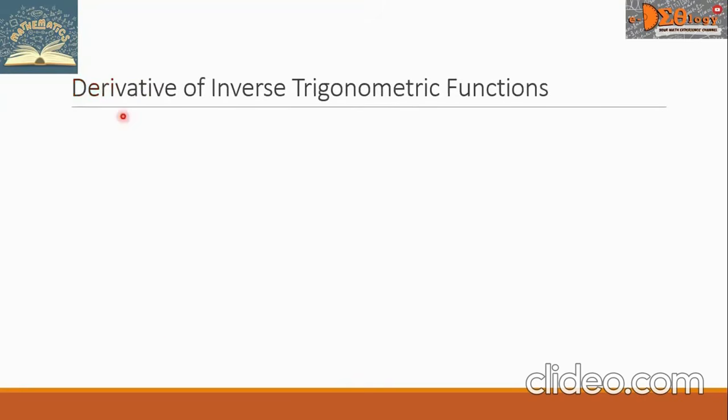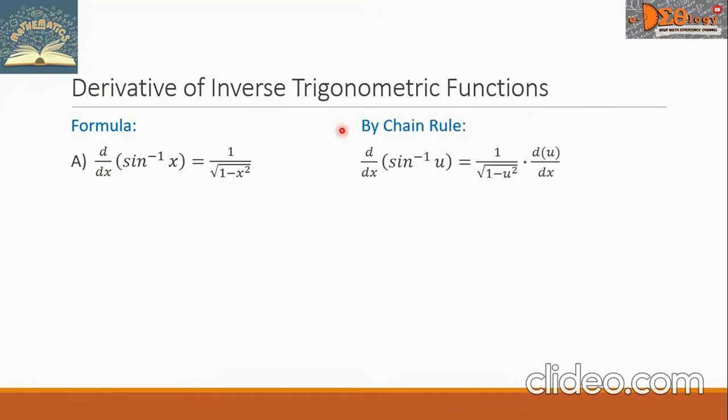Let us study now derivative of inverse trigonometric functions. Let us write the formula starting with d over dx of sine inverse of x. This is equal to 1 over the square root of the quantity 1 minus x squared. By chain rule, the formula becomes like this, where u is a function of x.